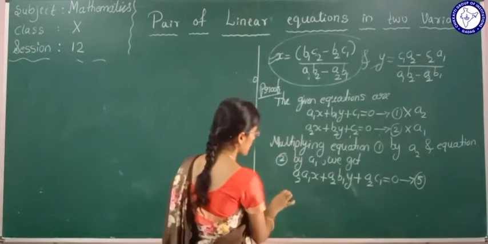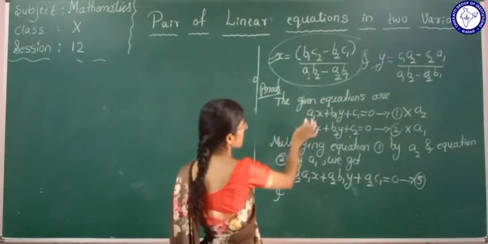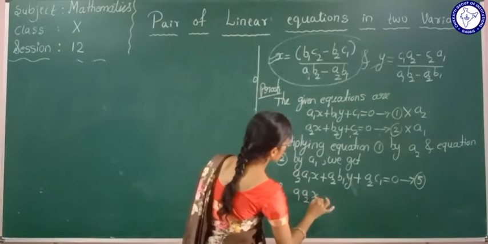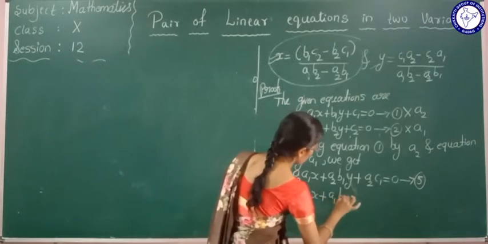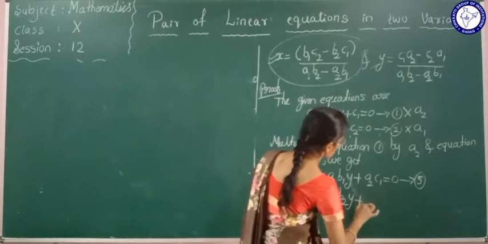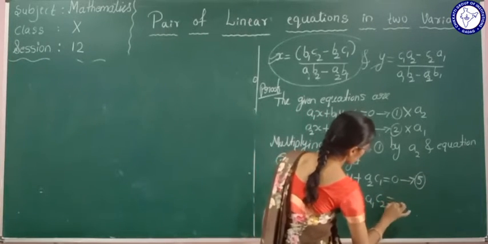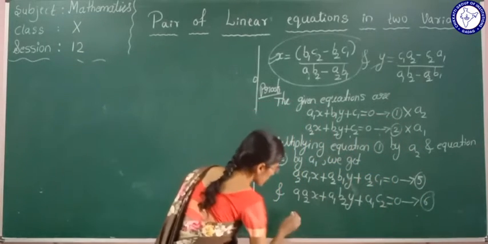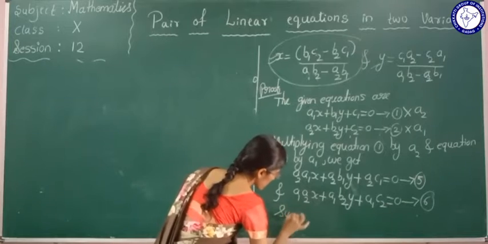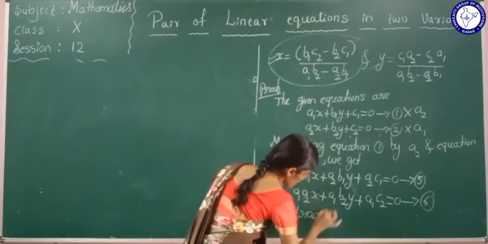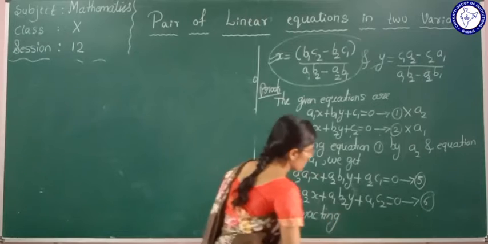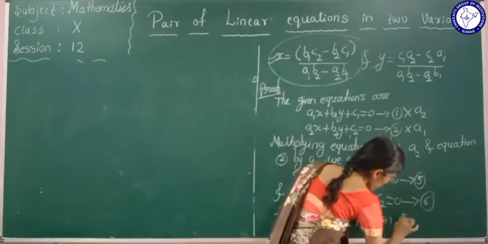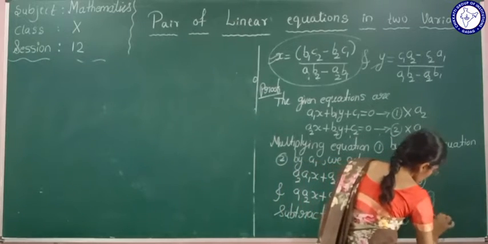And multiplying equation 2 by a1, we get a1a2x plus a1b2y plus a1c2 is equal to 0. Call this equation number 6. Now see here, subtracting equation 5 from 6.